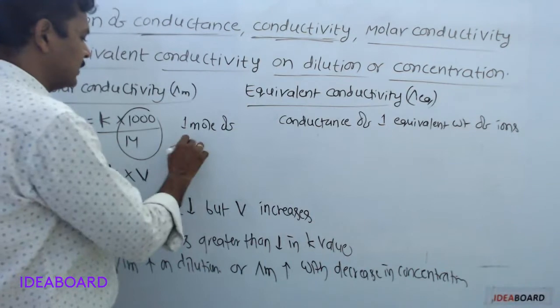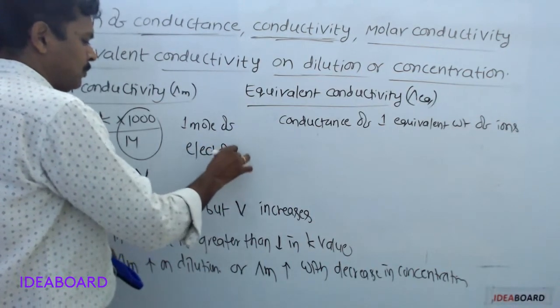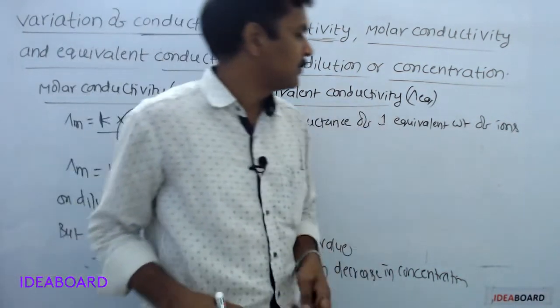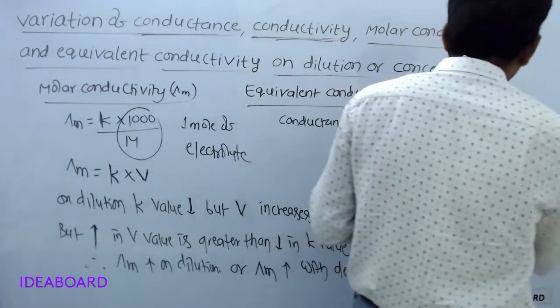But equivalent conductivity is the conductance of 1 equivalent weight of ions, the conducting power of all the ions produced by dissolving 1 equivalent weight of an electrolyte.